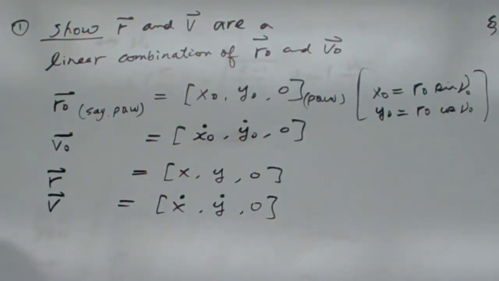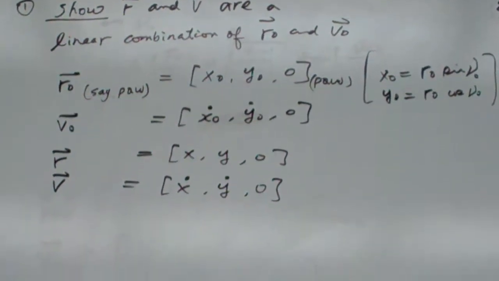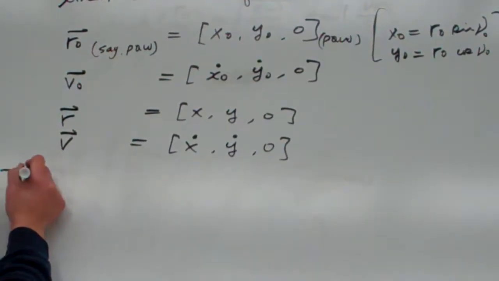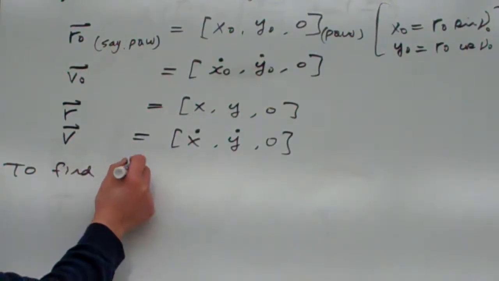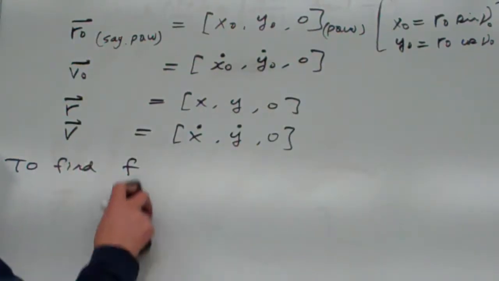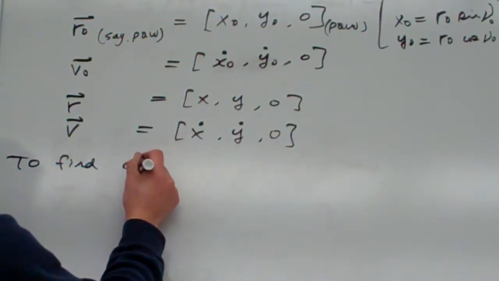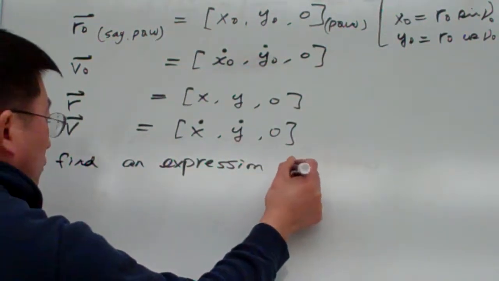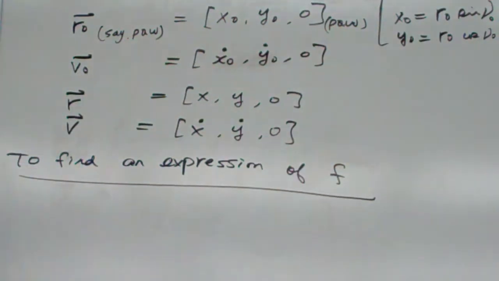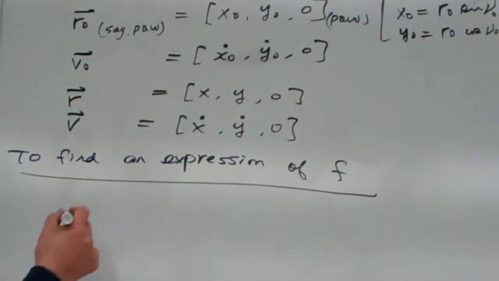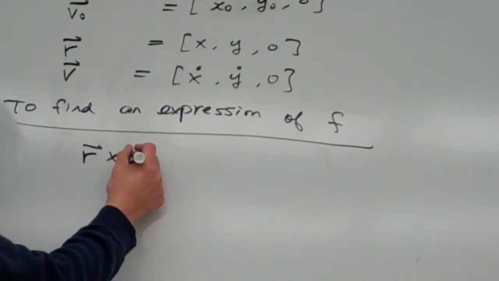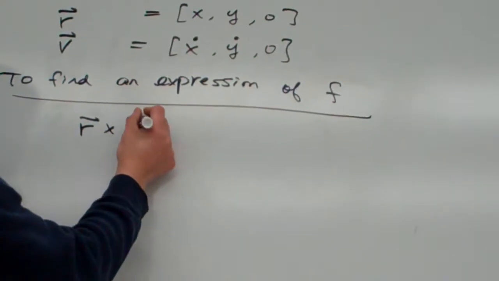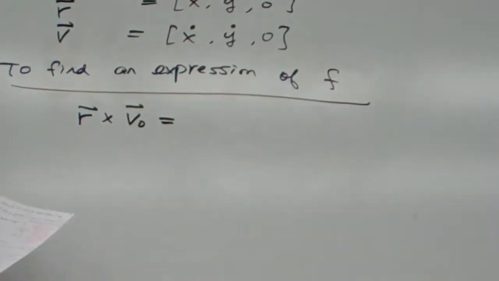Okay, and the first one is to find the expression of f. And we can try this: we simply take R dot V0 and see what happens. Okay.